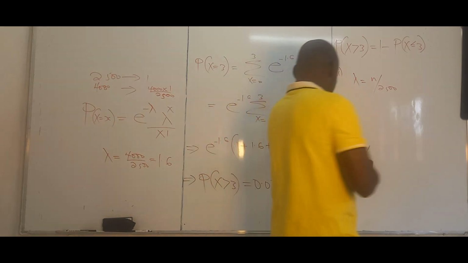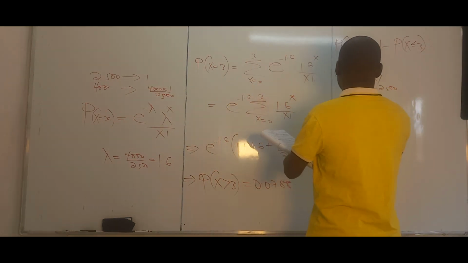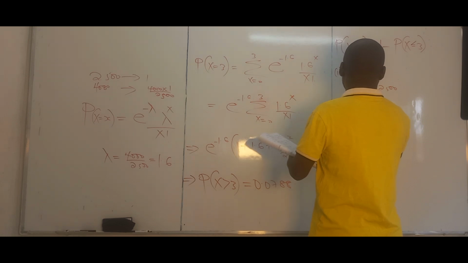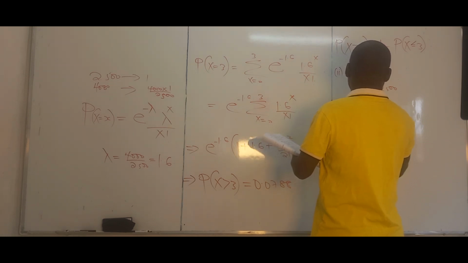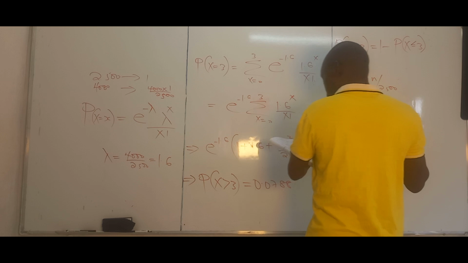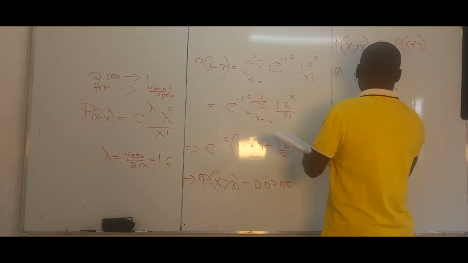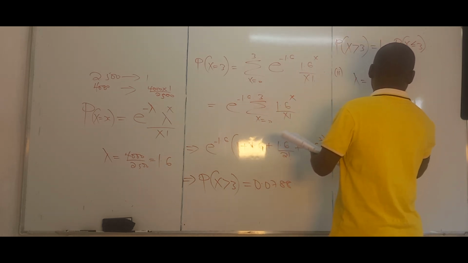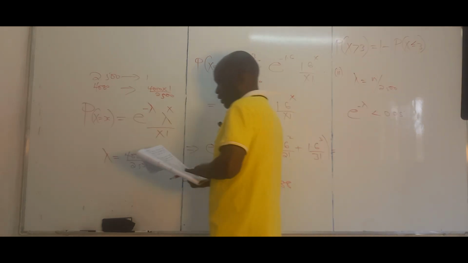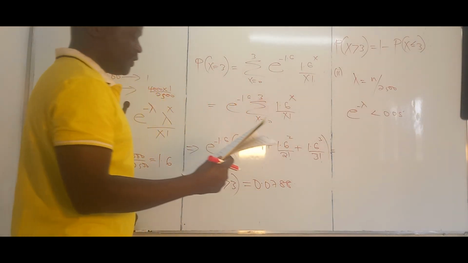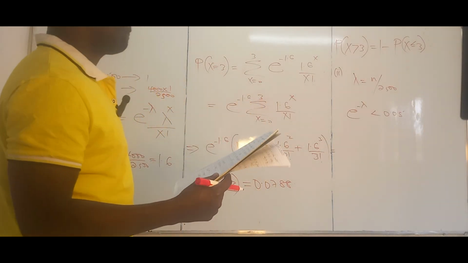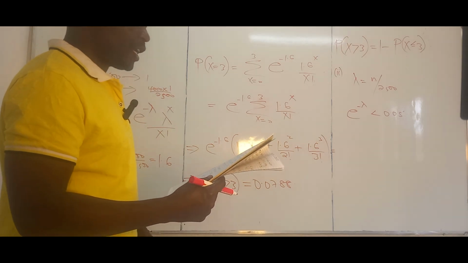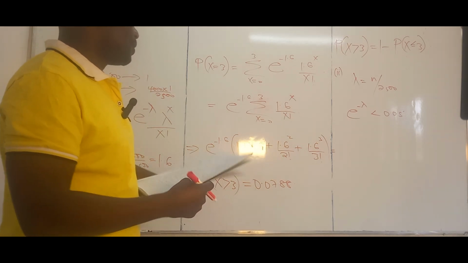So I will say here that e raised to power negative lambda is, we are told, less than 0.05. And we're asked to find the value of n.